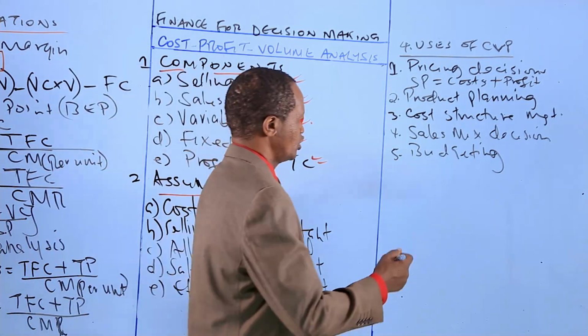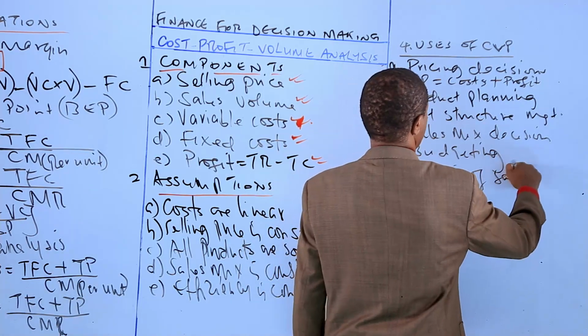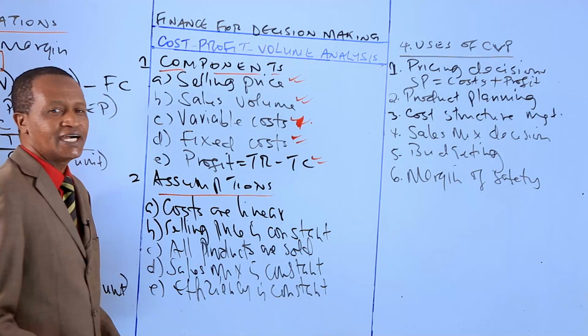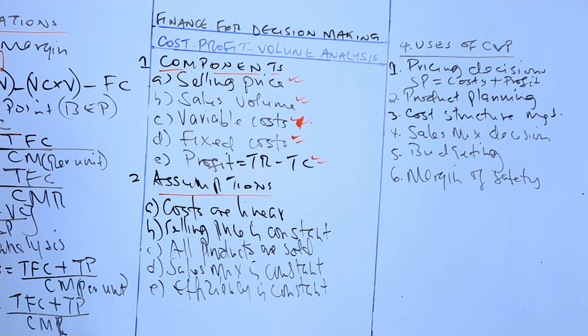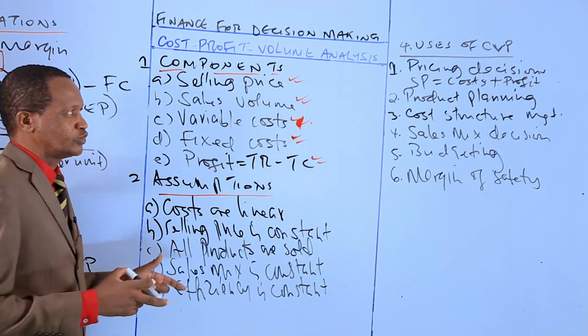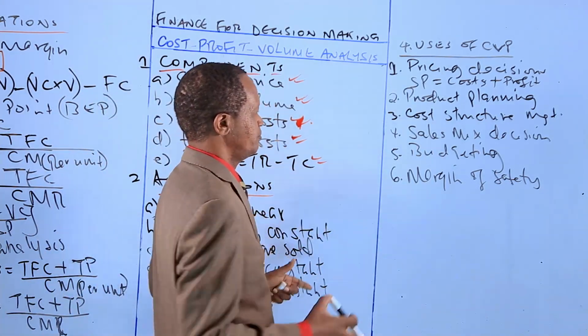Then lastly, we have what we call margin of safety. Very important use of CVP. Margin of safety means assessing the risk of determining how much sales can drop before the company reaches the break-even point. So these are 5+1 uses of CVP analysis.